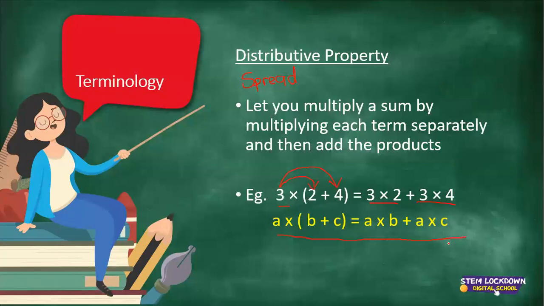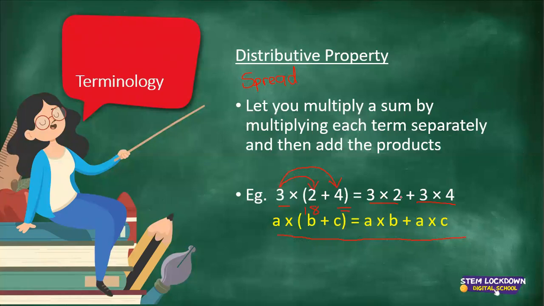Okay, now let's check if this is correct. 2 plus 4 is 6, right? 6 times 3 is 18. Should be equal to 3 times... Okay, work with me, learners. 3 times 2 is 6, right?